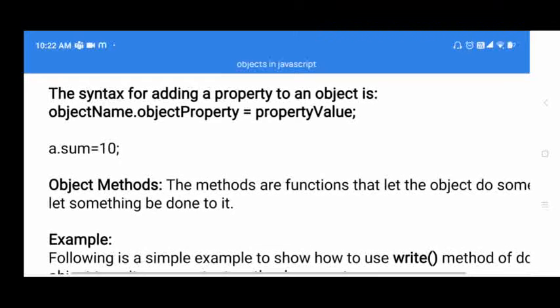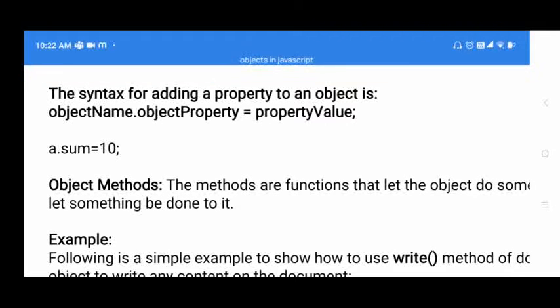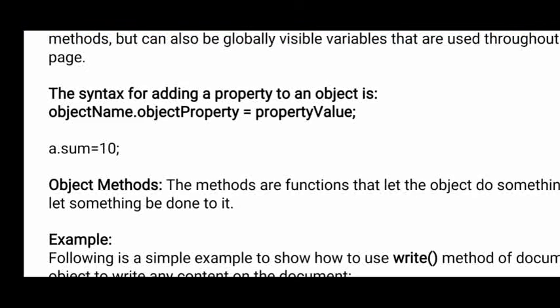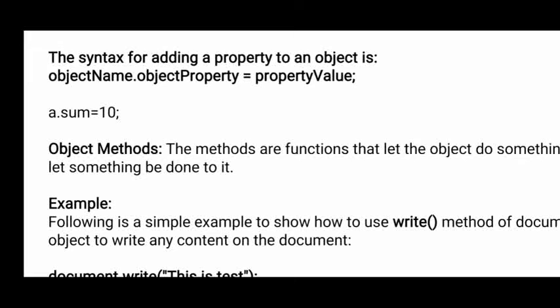For example, for the Math object, if you want to add the pi value, then Math.pi = 3.14. So that pi value will be stored inside the Math object. When you want to access the pi value, there is no need to call all the remaining objects. If you call the Math object, whatever static variables and methods are there in that object can be called automatically. Now we have a.sum in object A. What are we storing? Sum.